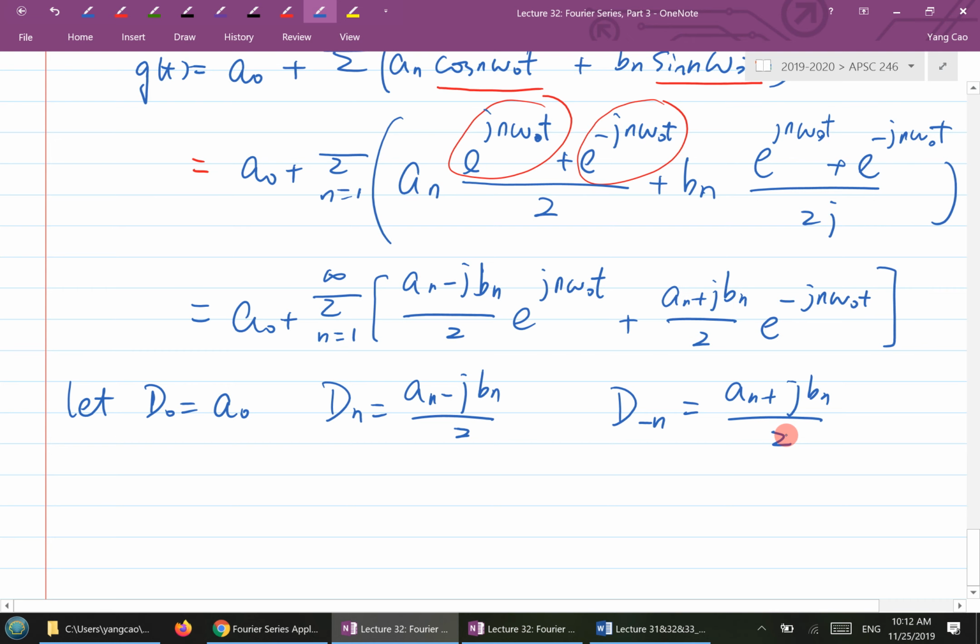So defining a new symbol here, dn and d negative n, and we'll see why this negative n here.